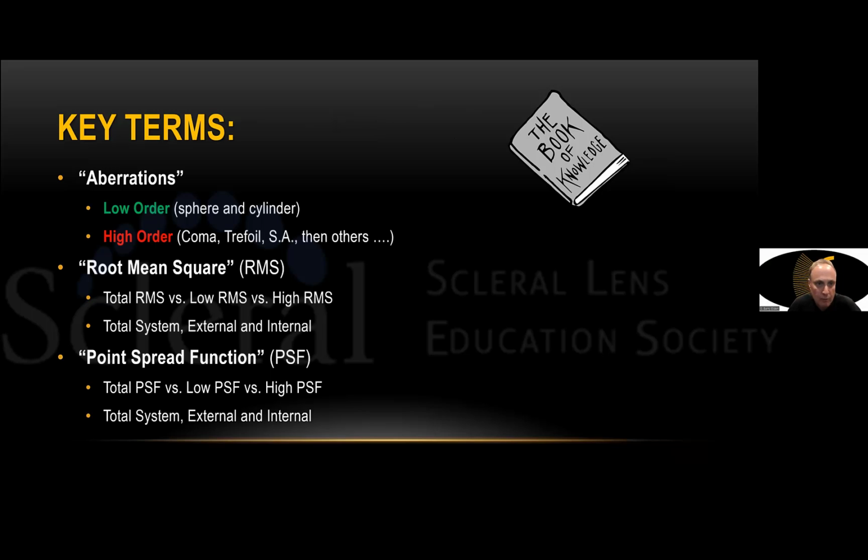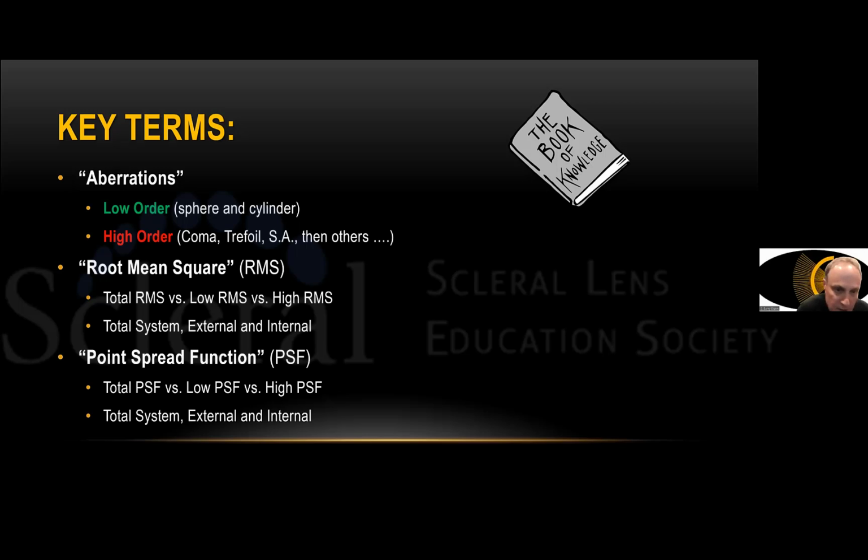So let's talk about some key terms. We've already talked about low order versus high order aberrations. Let's now move on to the term root mean square, or RMS. You're going to hear this value talked about a lot. Now, when we start talking about RMS, you can break it down into various subcategories: total RMS, or low order versus high order RMS, or total system RMS, meaning the entire visual system in terms of RMS, or breaking it down to corneal versus internal.